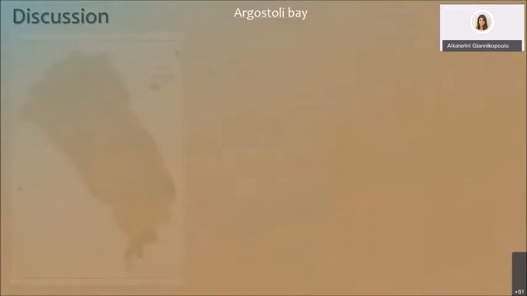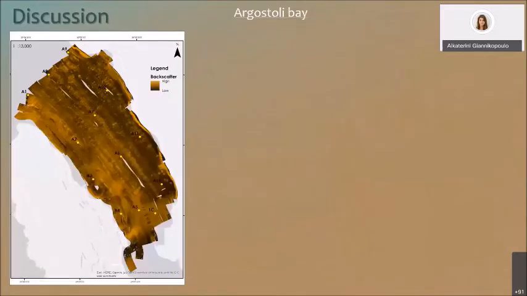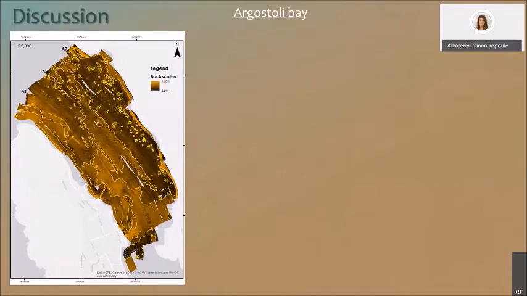Regarding grain size analysis of Argostoli samples, their textural classification and sorting values are considered to reflect the low energy marine conditions that characterize the bay. On the side scan image of Argostoli seafloor were identified features reflecting the topography of the area, such as zones of steep slopes along the eastern side of the bay.